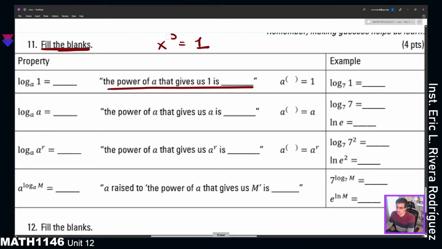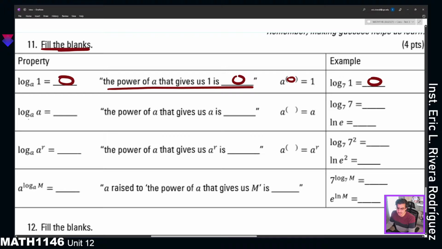So log base a of 1 is equal to 0 because a raised to the power of 0 is equal to 1. Here, a represents any number that fits as the base of the logarithmic function. So the example here, log base 7 of 1, is equal to 0 because 7 raised to the power of 0 is equal to 1.